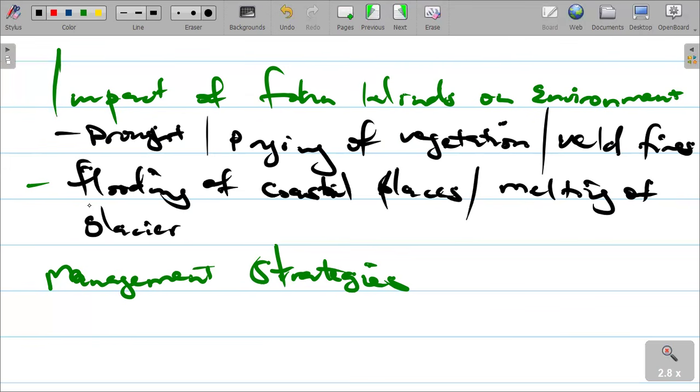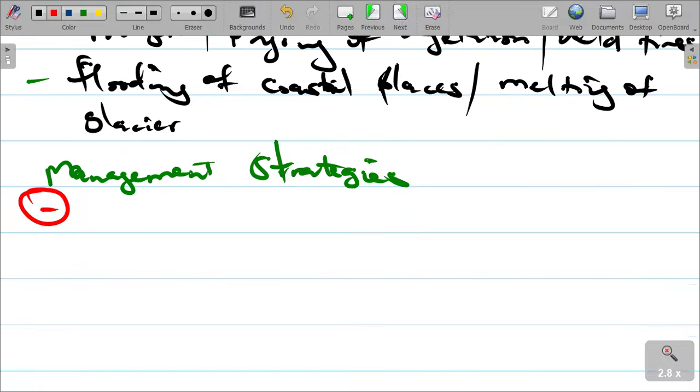And then in terms of management strategies, this has to do with all other methods that can reduce the impact of these conditions that we have talked about. We have educating the public on the potential impact of these fires. We can talk about early warning systems that must be put in place.